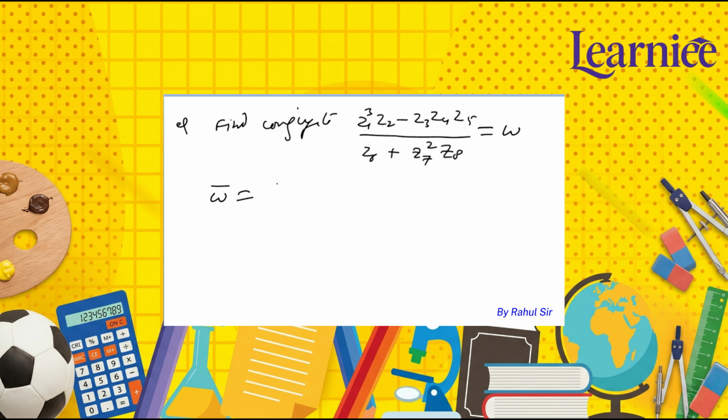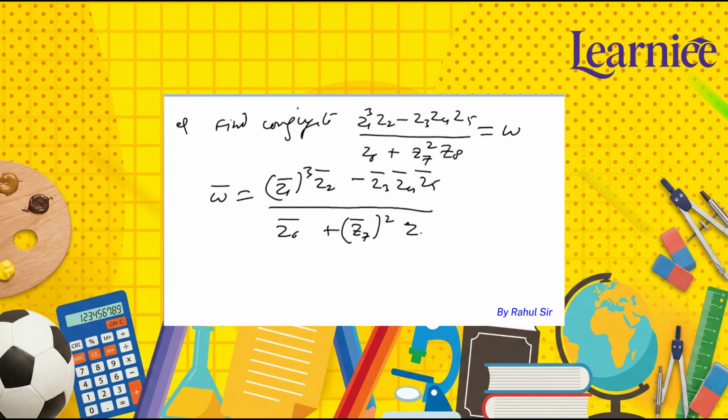So the conjugate will be individual. I can say this is z1 cube z2 minus z3 conjugate, z4 conjugate, z5 conjugate divided by z6 conjugate, plus z7 conjugate square, then z8 conjugate.